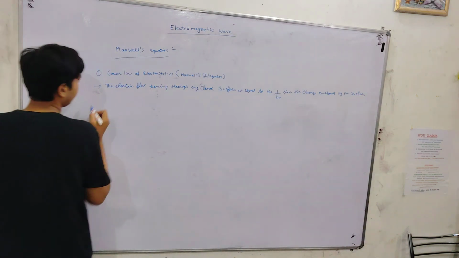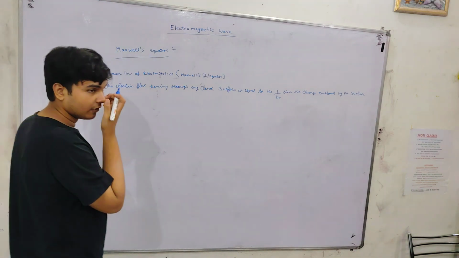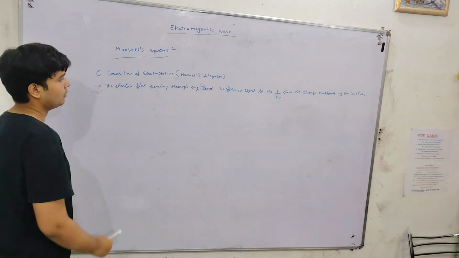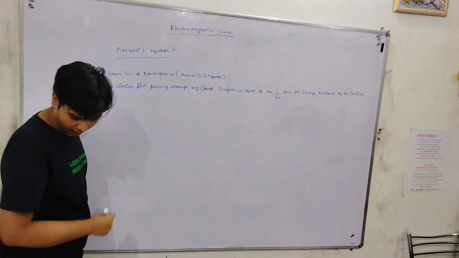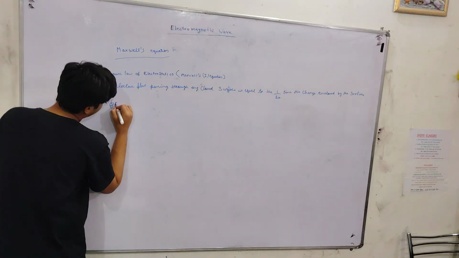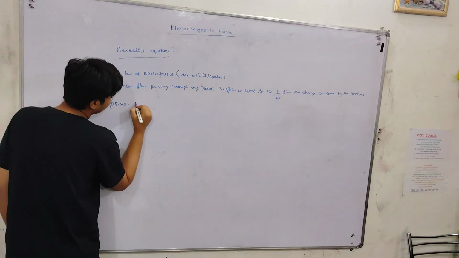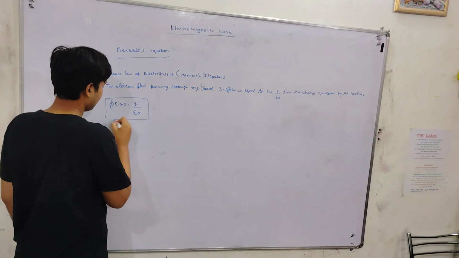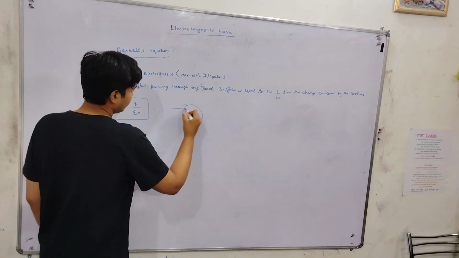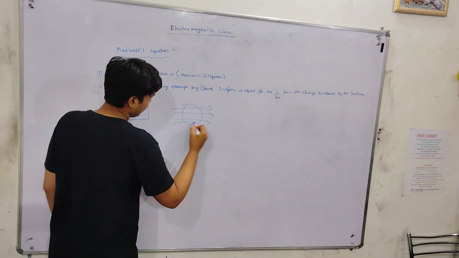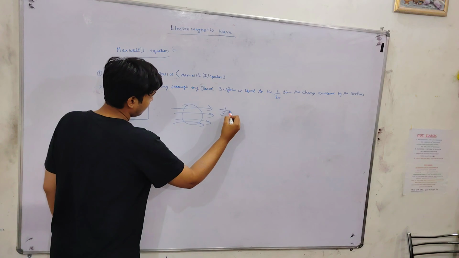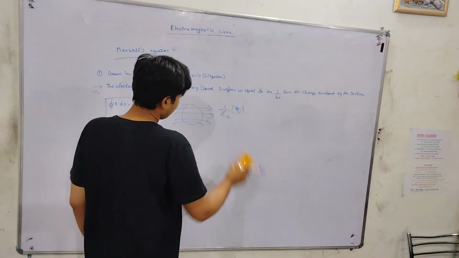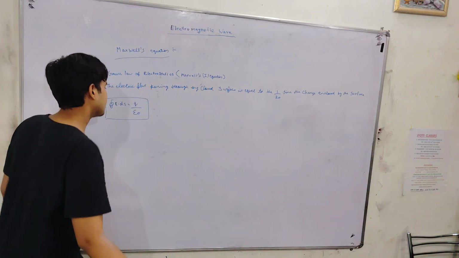To find the electric flux through any closed surface in electrostatics, electric flux equals Q by epsilon naught, 1 by epsilon naught times the charge enclosed by the surface. This is the surface. The electric flux passing through the surface will equal 1 by epsilon naught times the charge enclosed by the surface. This is Maxwell's first equation.